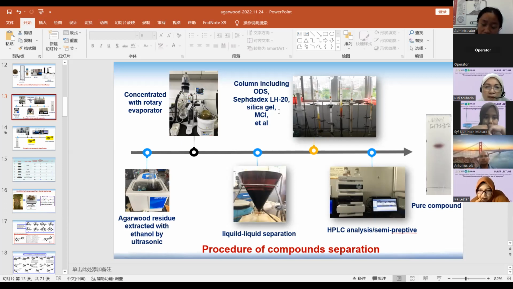To separate some chromones, we mostly use chloroform and some methanol.